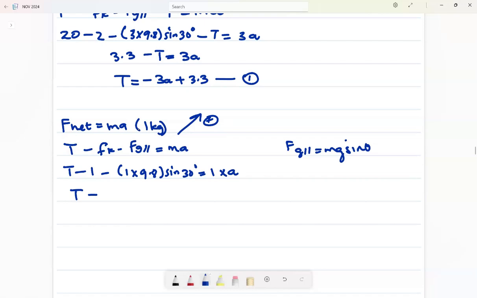Yes, you see. Okay, so let's do that again. Minus 1 minus 9.8 sine of 30. Okay, negative 5.9. It is equal to A. 1 times A is A. And then tension here is equal to A plus 5.9.